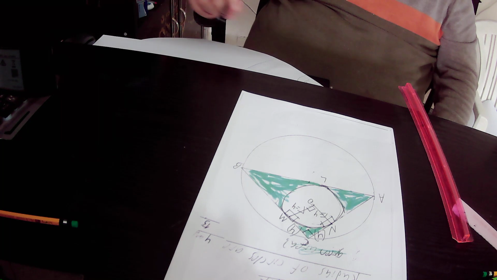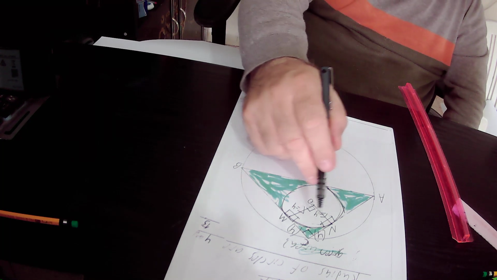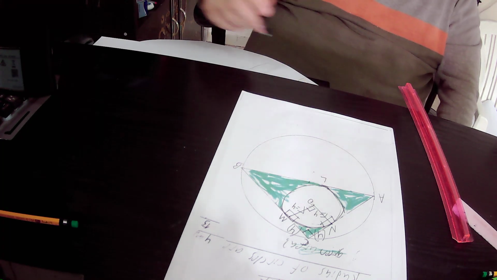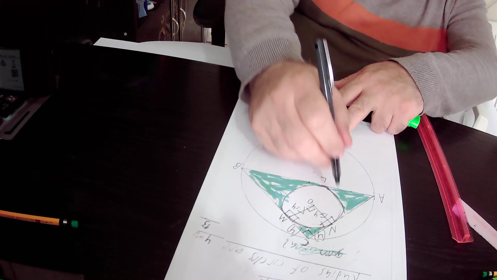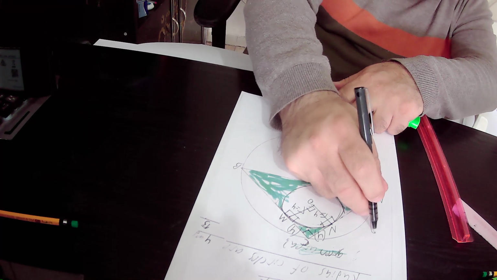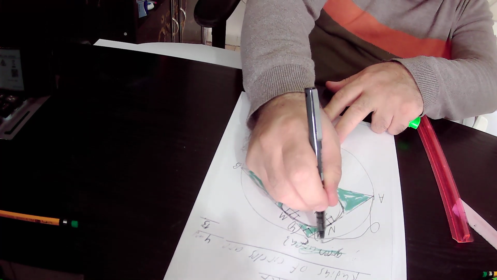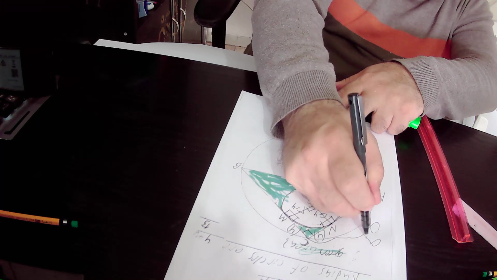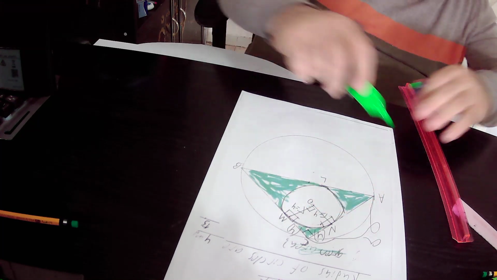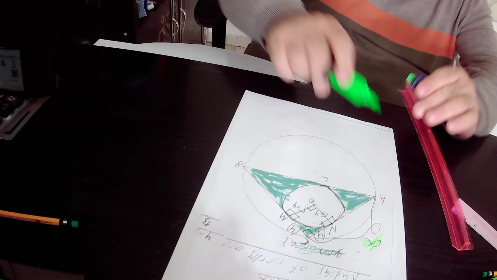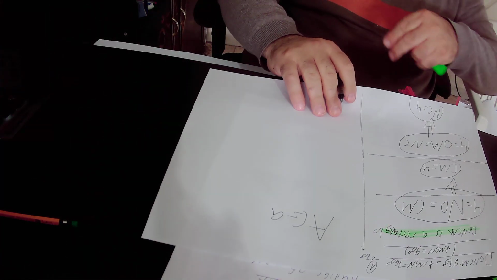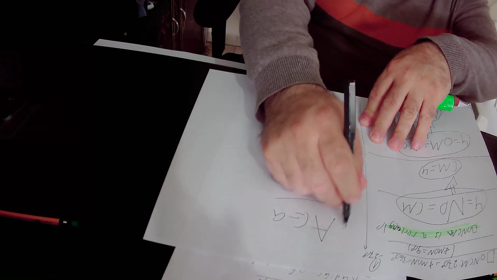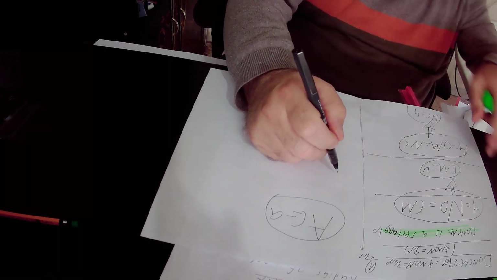we will define the sides of triangle ABC. Side AC equals A according to our definition.